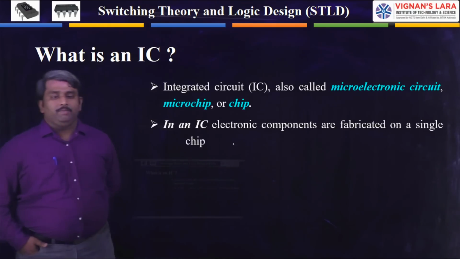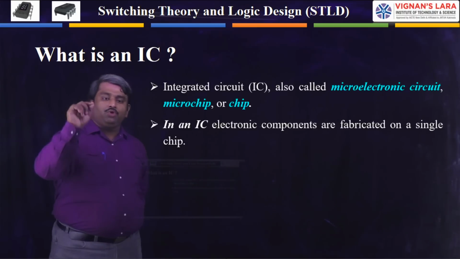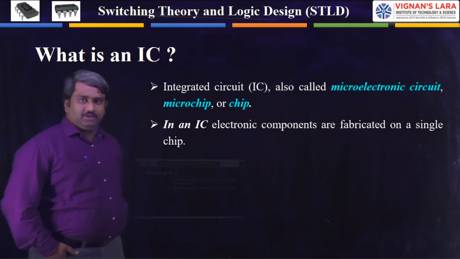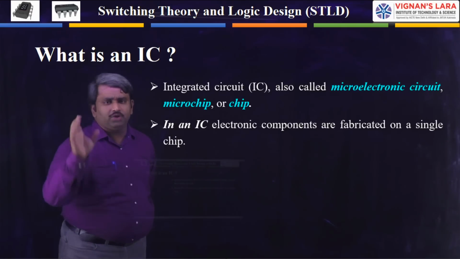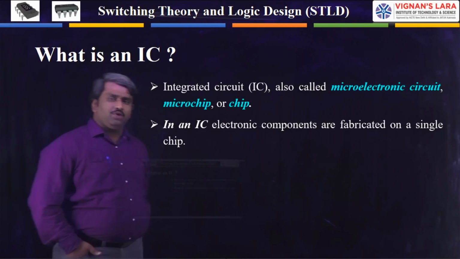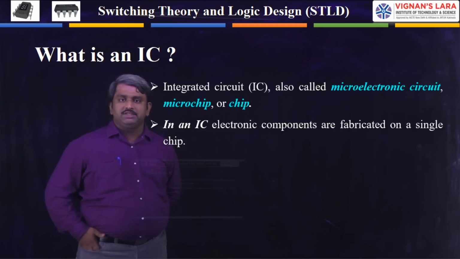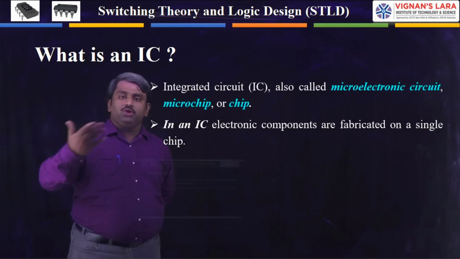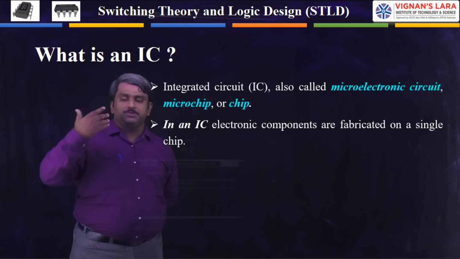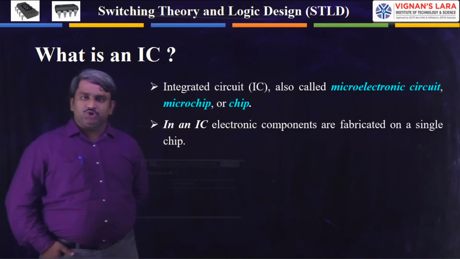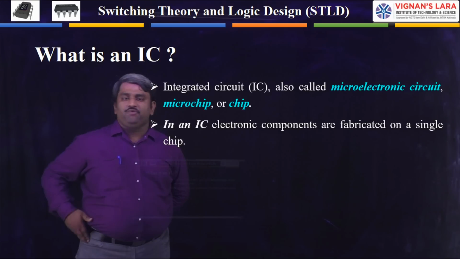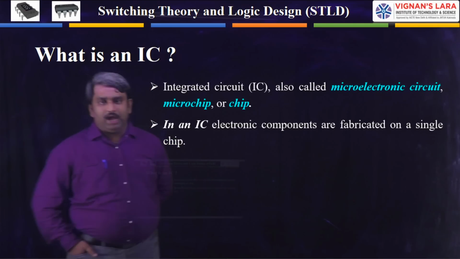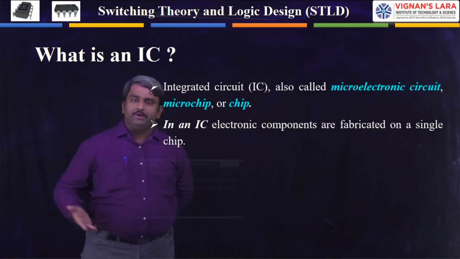In an IC, electronic components are fabricated on a single chip. So in the integrated circuit, generally we place a lot of electronic components. What is the use of placing these components? With their help, we make circuits that perform different types of operations like addition, subtraction, multiplication, division, or logical operations like NOT, AND, OR, NAND, NOR, XOR, XNOR.